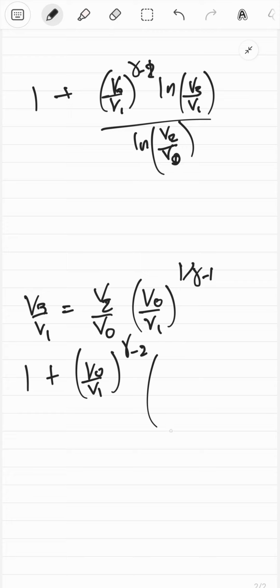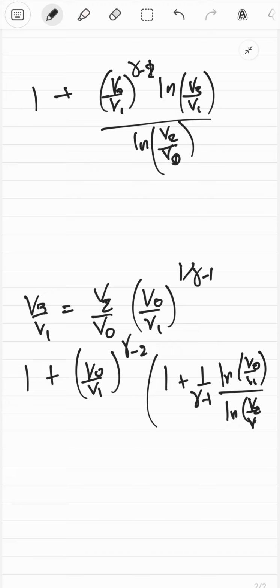And then this whole thing, what does this turn out to be? So you put a natural log, so this is just 1 plus 1 upon gamma minus 1, natural log of v0 upon v1, natural log of v2 upon v0. Amazing. That's just how it should be. Cool. Now what?